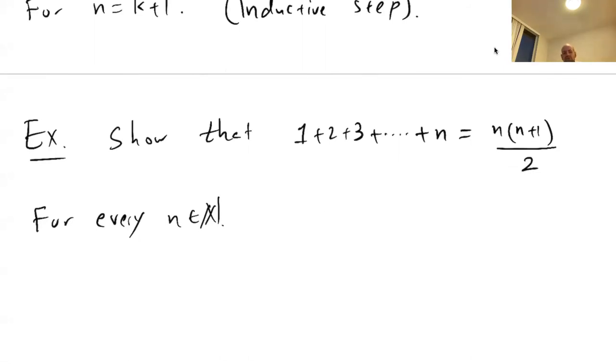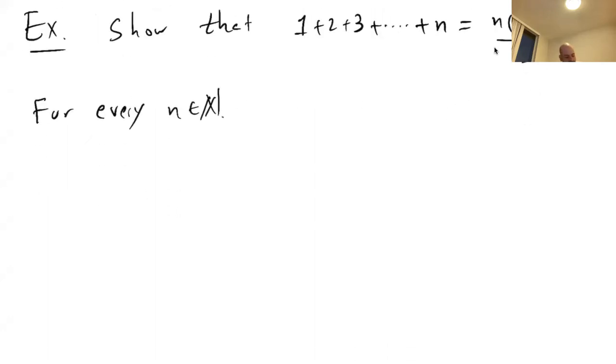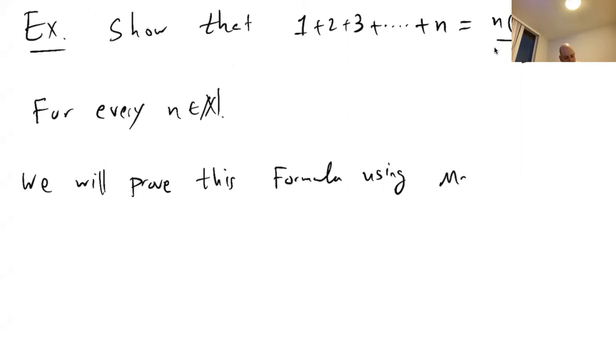So why don't I check that this is true for n equals 1? So for n equals 1, so let me say basis step, we will prove this formula using mathematical induction.